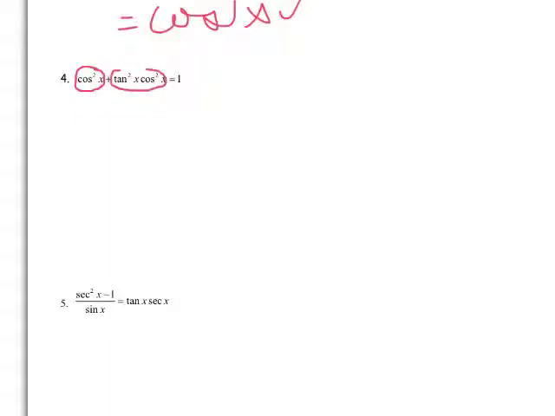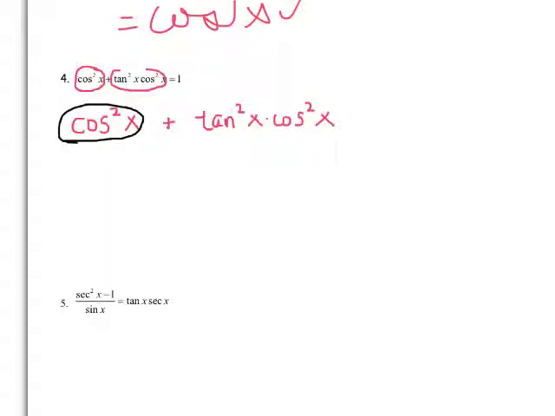Let me rewrite the problem because I can't work with that tiny script. Once again, I have this group plus this group, and within both of those groups, they both contain cosine squared. So we have this algebra step that takes it out of both groups.